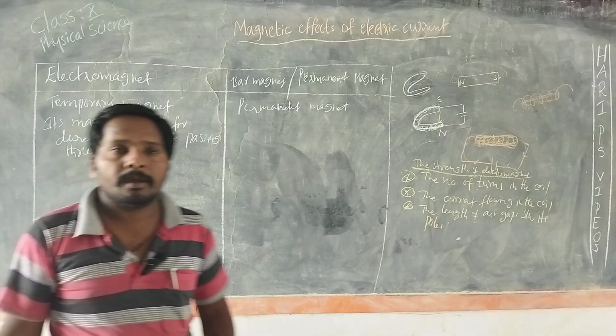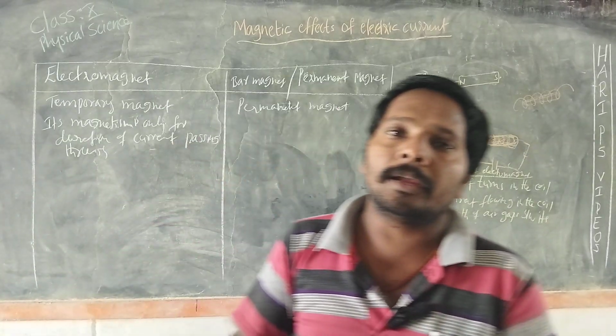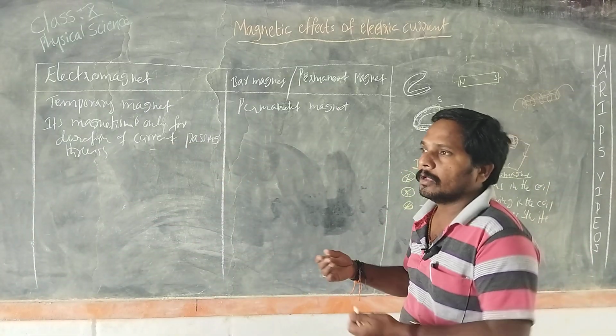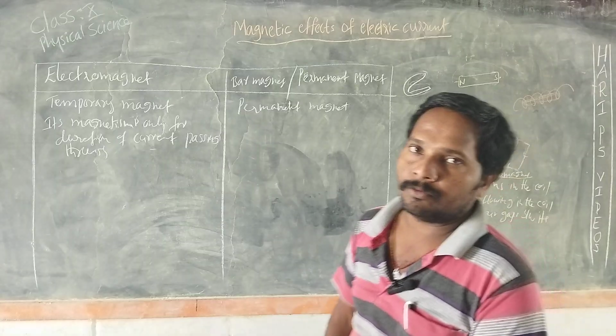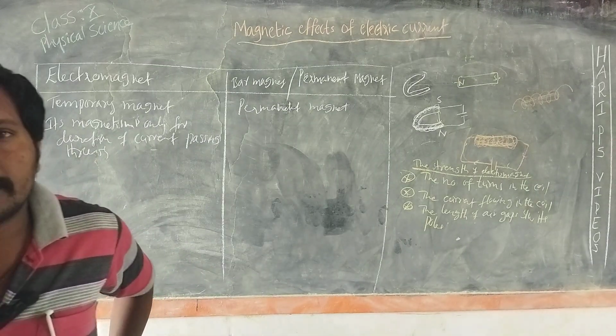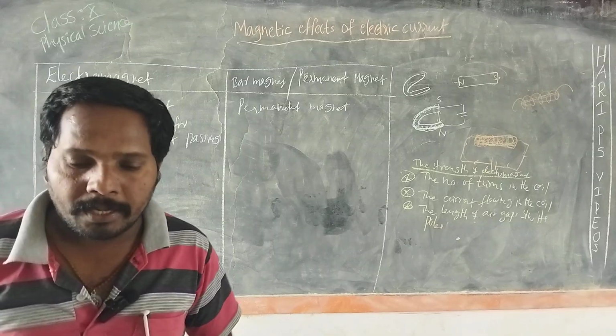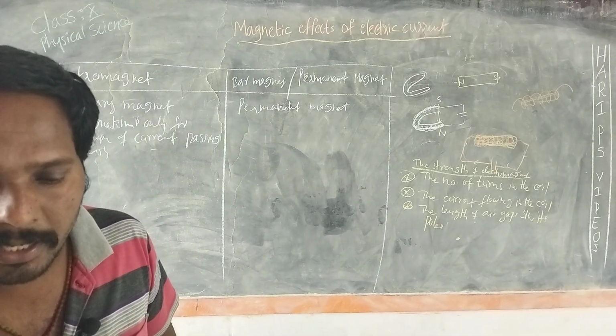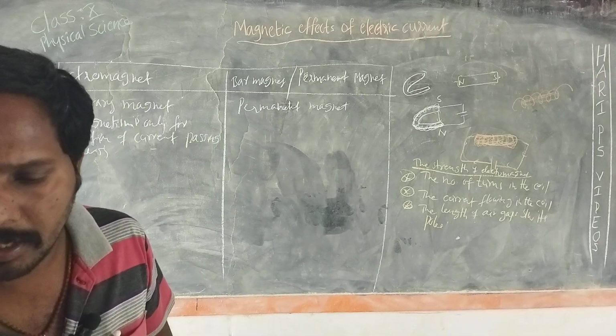Whenever we want an electromagnet, by passing electric current we can get it. If we don't want it, then immediately we switch it off. So we can switch on and switch off the magnetism in a temporary magnet by switching on the electric current and switching off the electric current.